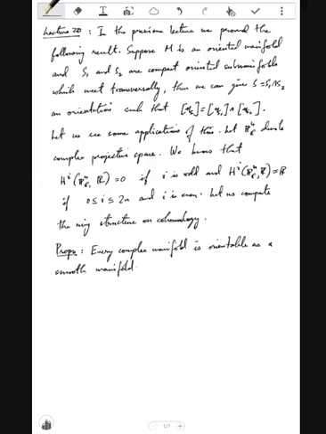Proof: the definition of a complex manifold is the obvious one.